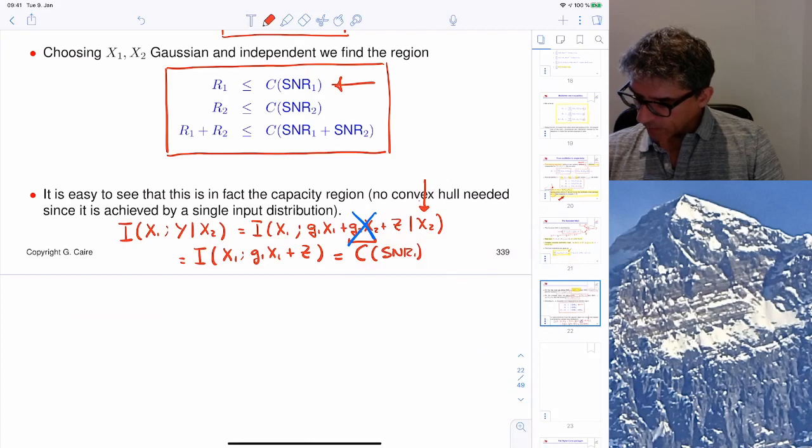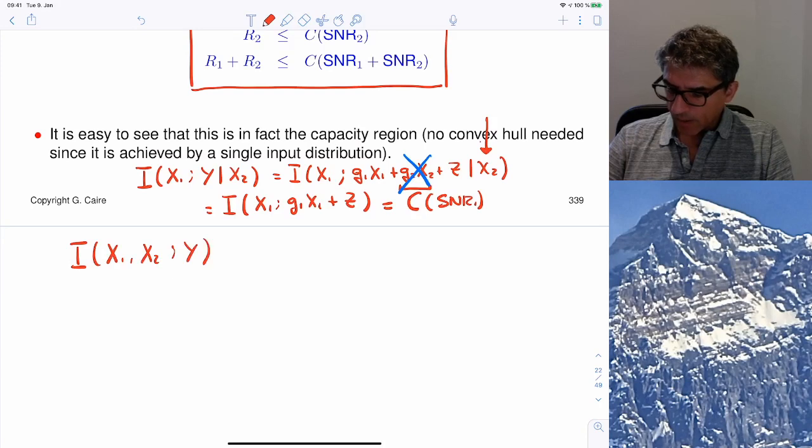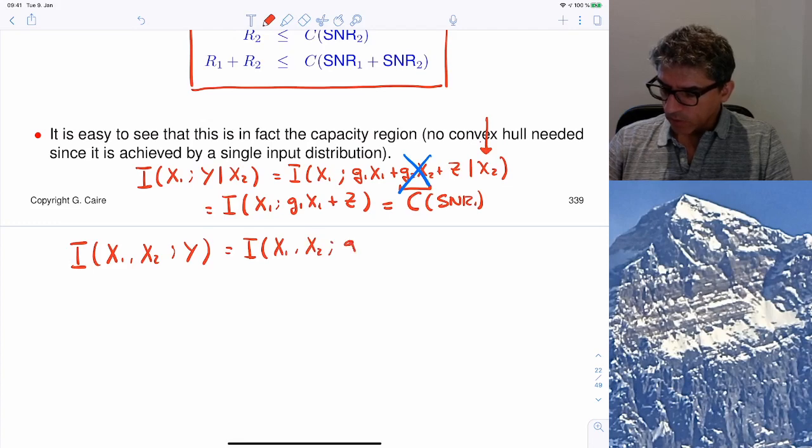For the sum, we want to compute the mutual information between x1, x2 and y, which is the mutual information between x1, x2 and g1 x1 plus g2 x2 plus z, right?